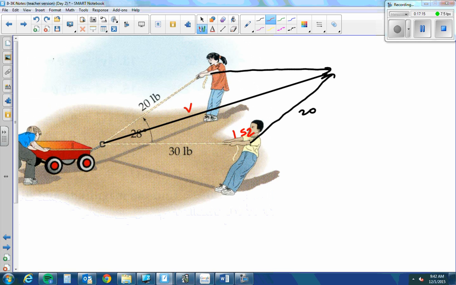Yeah, 152. You can do it a couple ways. Double 28, subtract from 360, then split it in half. Or just subtract from 180. Either way. All right, now we do law of cosines. So b squared equals adjacent squared plus adjacent squared minus 2 times adjacent times adjacent times cosine of the included angle, which is the 152.